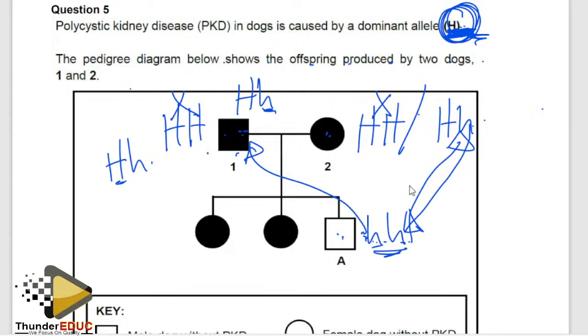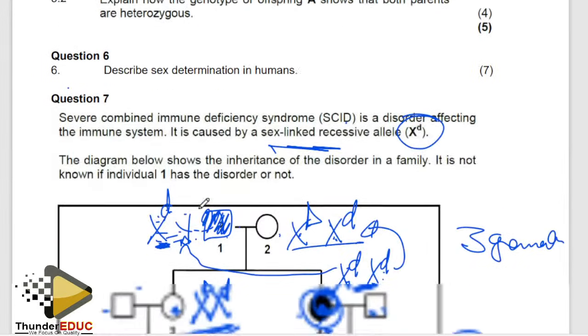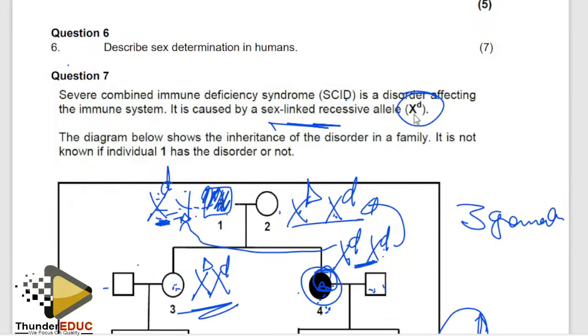When they give you a question and they don't talk about sex linked, please do not use X and Y. Use the letters the way they have given them to you. You only use X and Y if the statement says it is sex linked.